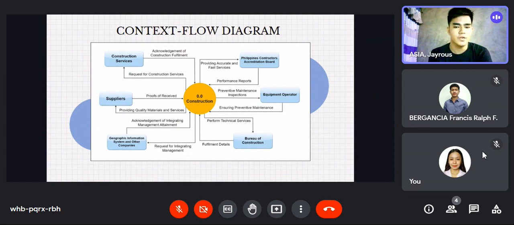Furthermore, as more processes are added, the diagram will need additional data flows and data stores to link them together. The diagram circulates starting from the process, we input data going to the client, then the client will output back to the process, and that is how the context flow diagram works.